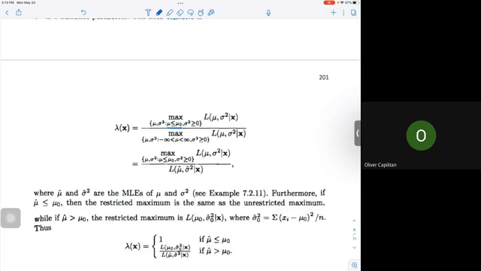Nuisance parameter, sabi ko nga, no? That sigma square is greater than or equal to zero. Yan naman yung assumption natin sa ating unknown variance. The maximum over the likelihood function. And then sa denominator, over the entire parameter space. Kaya ganun, mu greater than negative infinity but less than infinity. So, ang mu natin over the entire parameter space. So, that's the likelihood function.